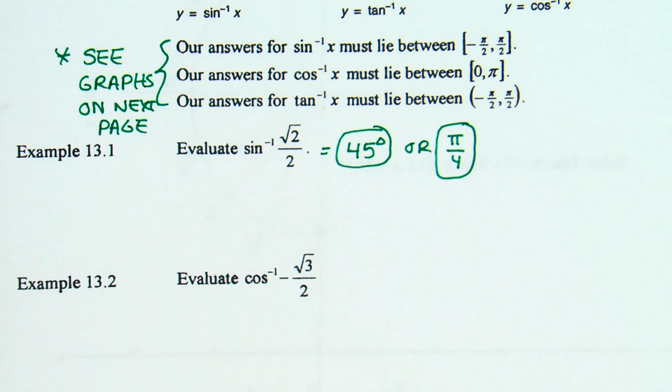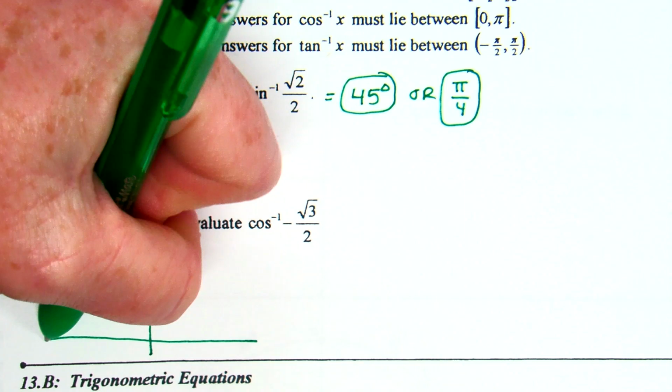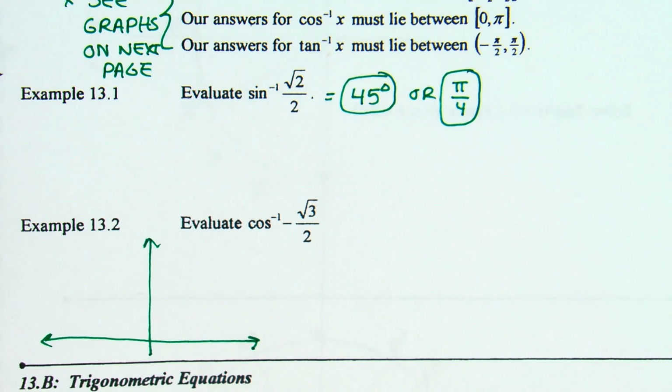I would start with the basics of what you know about cosine and square root of 3 over 2. Where does cosine equal square root of 3 over 2? Pi over 6. Whether you call it pi over 6 or 30 degrees, I don't care.